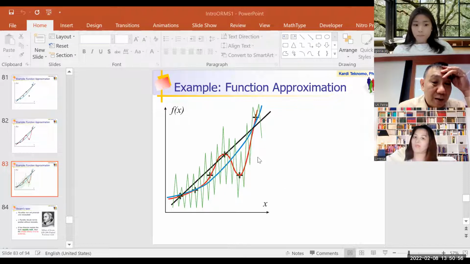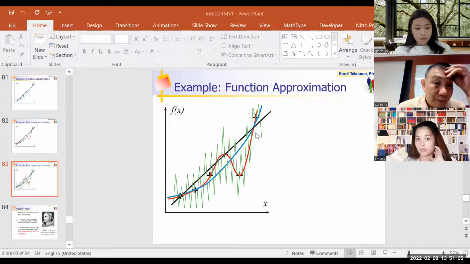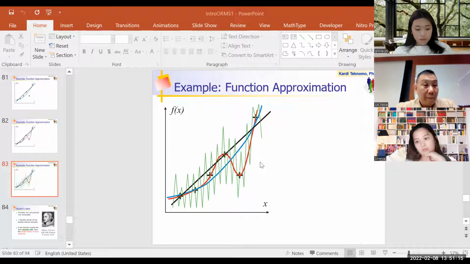The four of them are a model for this data, right? Given the data, I can create different models. The black line is linear, the blue, red, and green lines are non-linear. So which one is better?